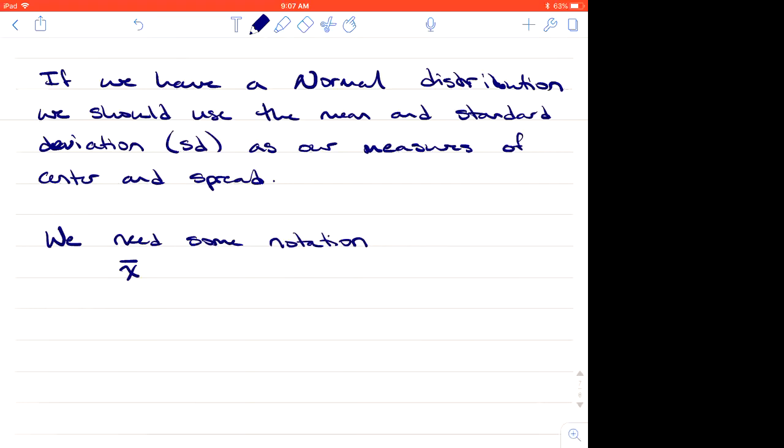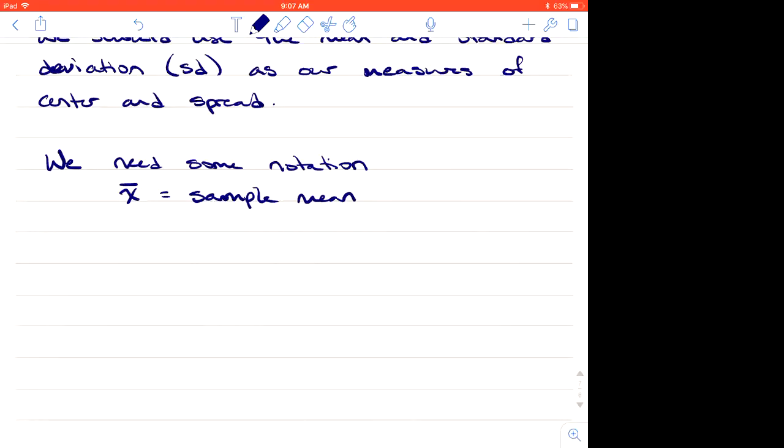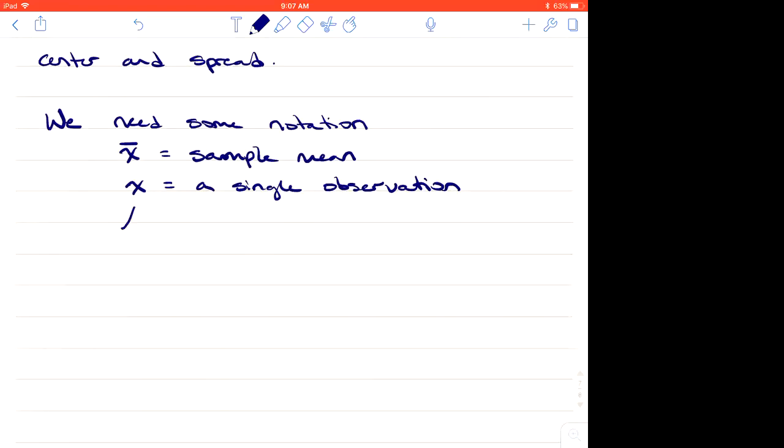We're going to be talking about X bar, which is the sample mean. We're also going to talk about a single observation X. So a single observation, we just denote by X. Mu is the population mean.